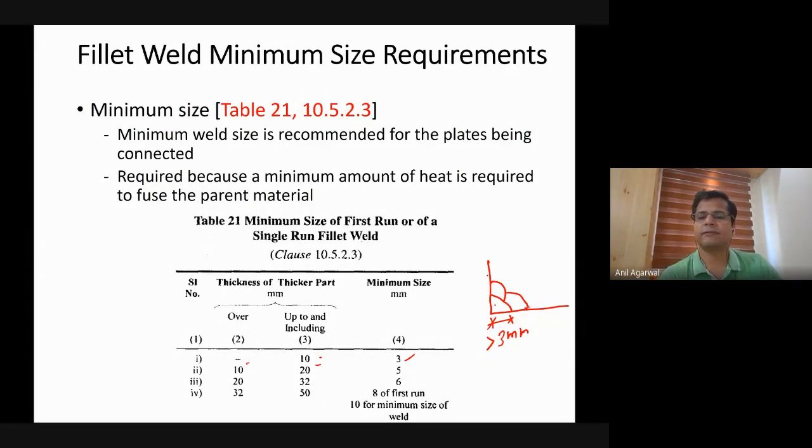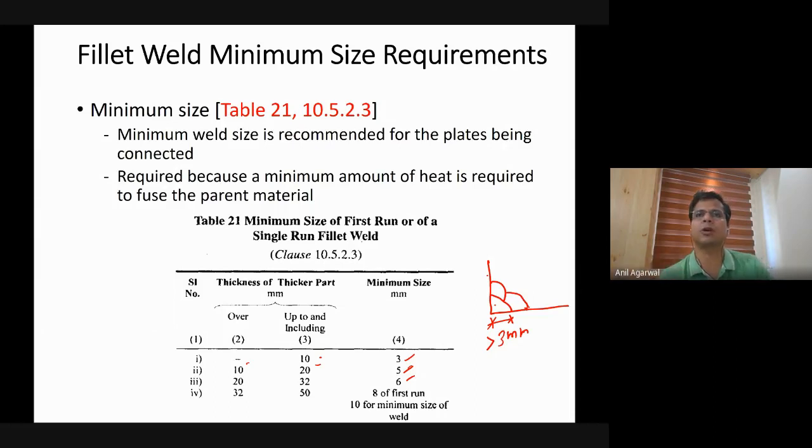The reason for specifying these values is that you want your fillet weld to be able to fuse the base metal. If the weld is too small in size, it will not have enough heat, because you are depositing molten metal on top of the base metal. If the deposited metal is not large enough in quantity, it will cool down and solidify very quickly and will not effectively melt the base metal.